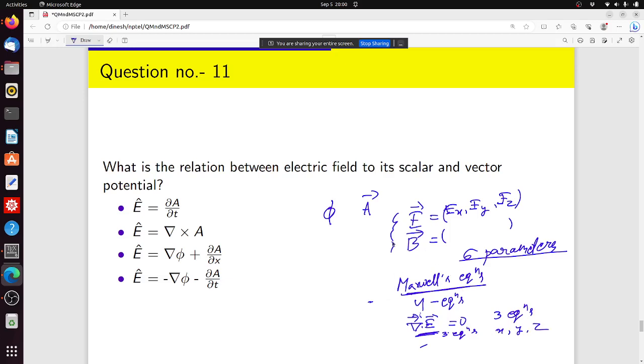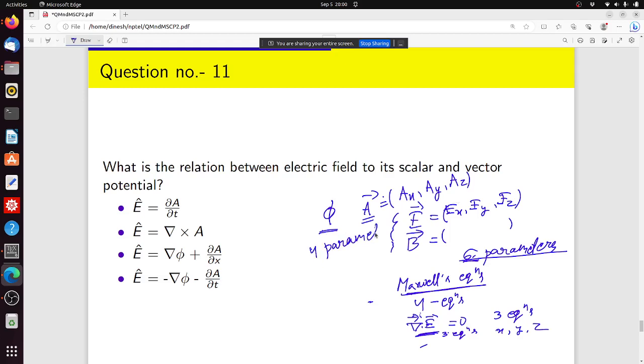To simplify things, since we had 6 parameters previously, we move to another space, the potential space, where phi is the scalar potential and A is the vector potential, and this vector potential has 3 components, x, y, z, right? So effectively we have 4 parameters now.